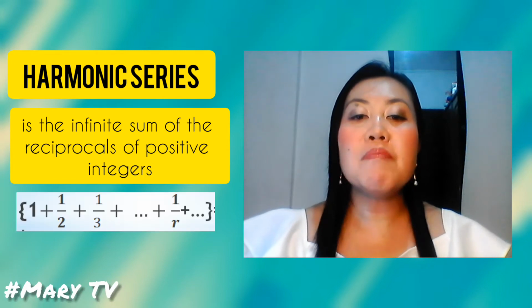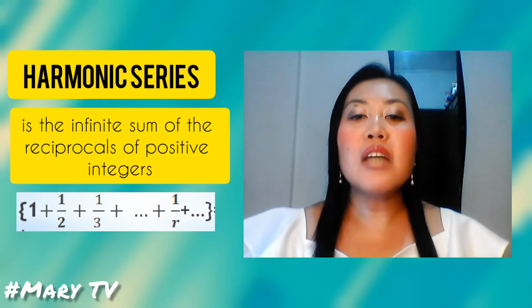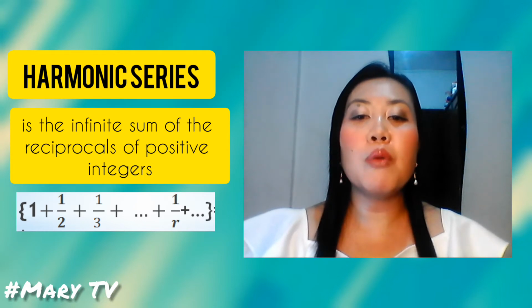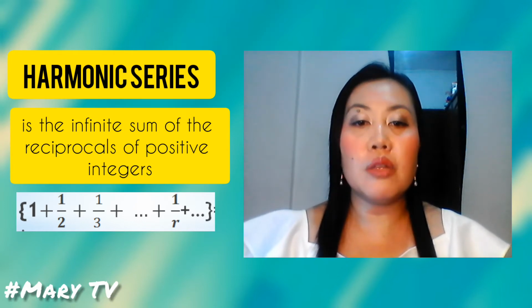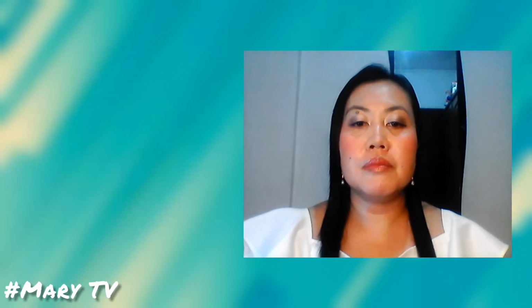Example: 1 plus 1 half plus 1 third plus ellipses plus 1 over r plus ellipses. As you can see, our variable r is in the denominator. All in all, we have 3 kinds of series: finite series, infinite series, and harmonic series.